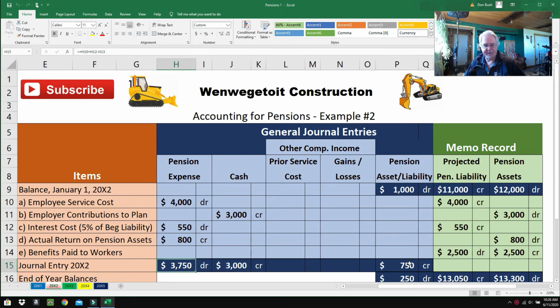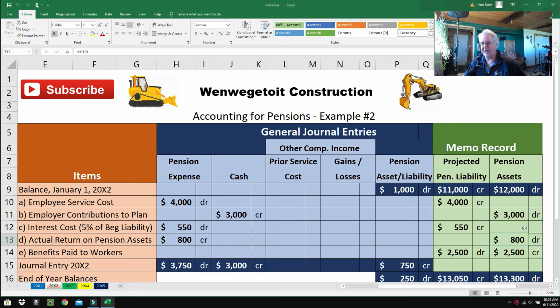Now coming down to the end of year balances, and when we do example number 3, these end of year balances will become the beginning balances for example 3. But for now, they're the ending balances. So how do we figure them out? Well, here's what we do. Let's start on the far right here. Pension assets starts out at a $12,000 debit. We add to that $3,000 debit.